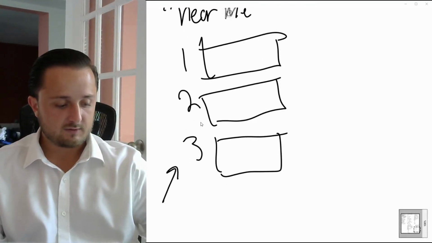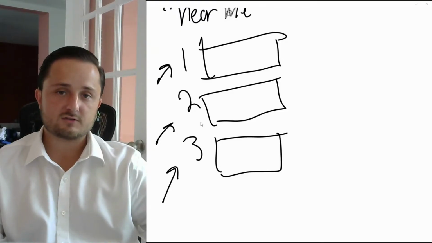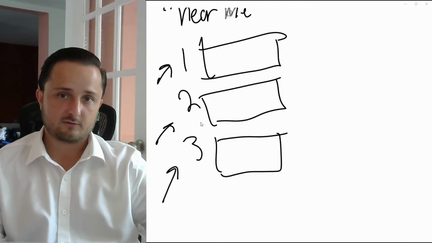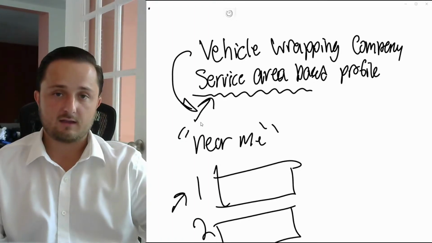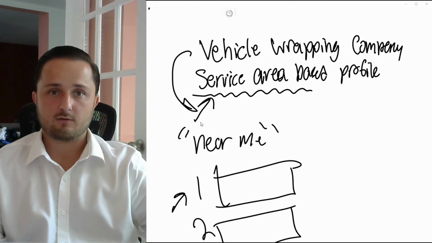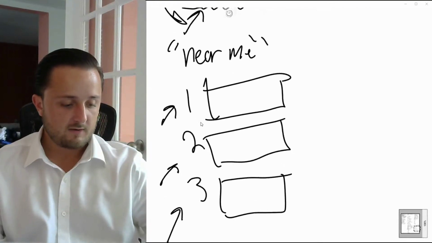They're more likely to appear in the first, second, or third position when people are searching for keywords related to a vehicle wrapping company, like vinyl wrapping near me or vinyl wrapping company, right?